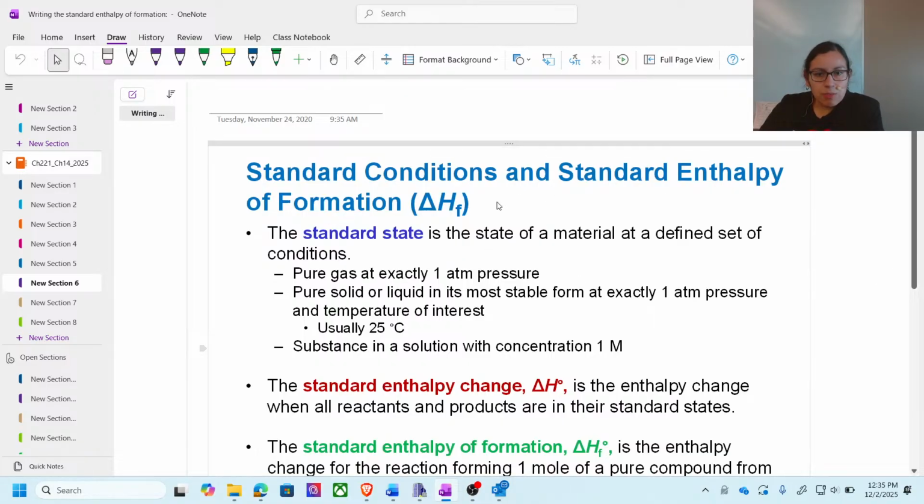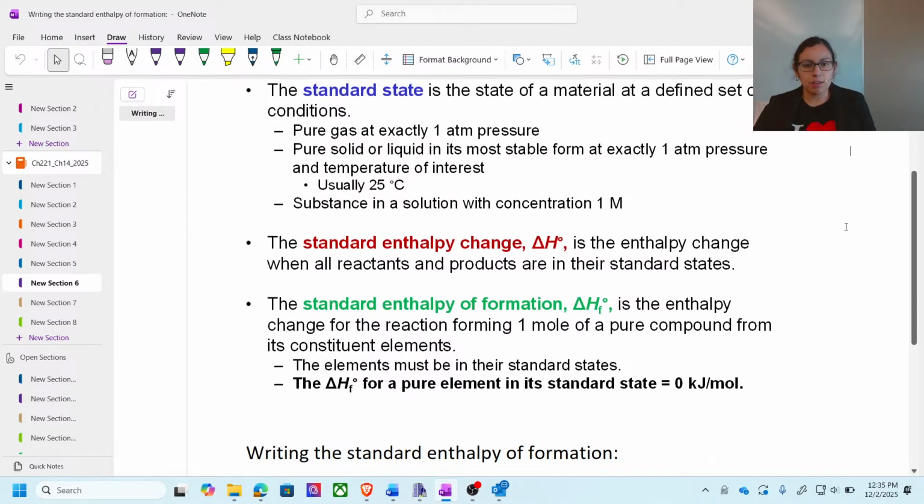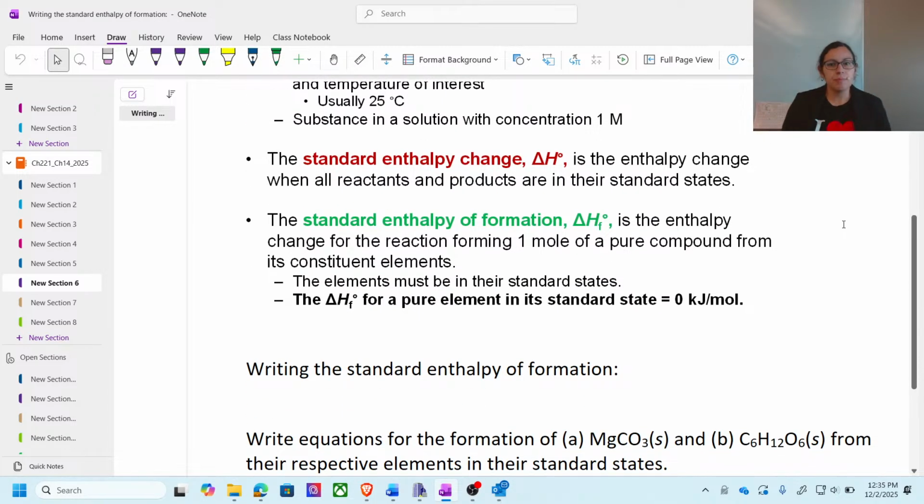All right, so now we're just kind of going over that again. It's reminding us what the standard enthalpy of formation means. We already saw these sets of conditions, but I just listed them again so we're all on the same page. And so we're finding that.